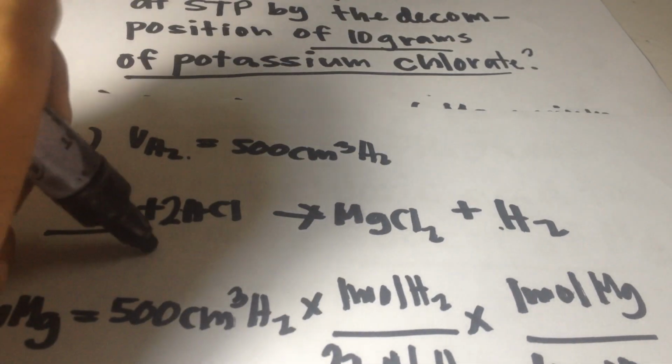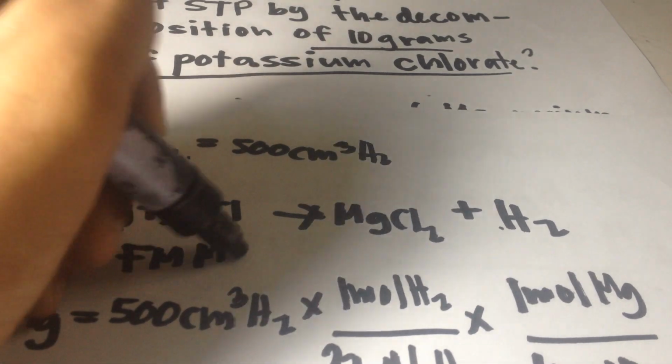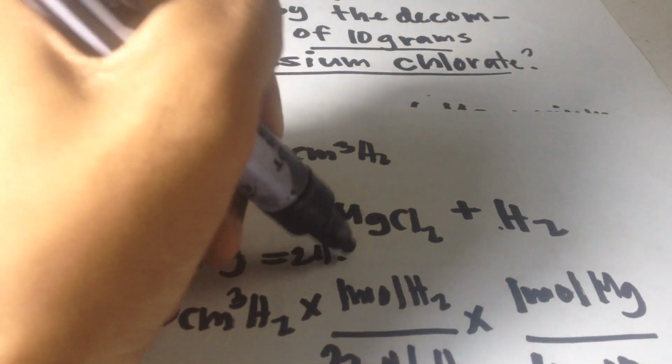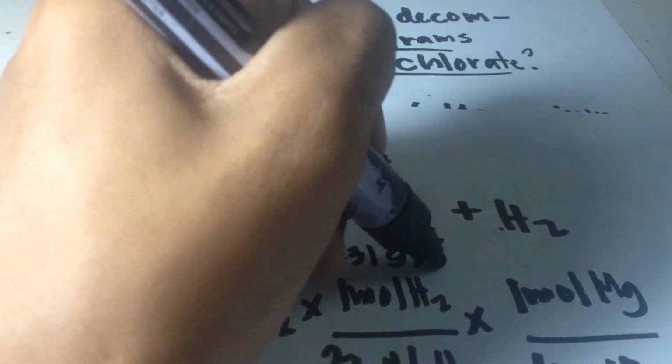The formula mass of magnesium is 24.31 grams per mole of magnesium.